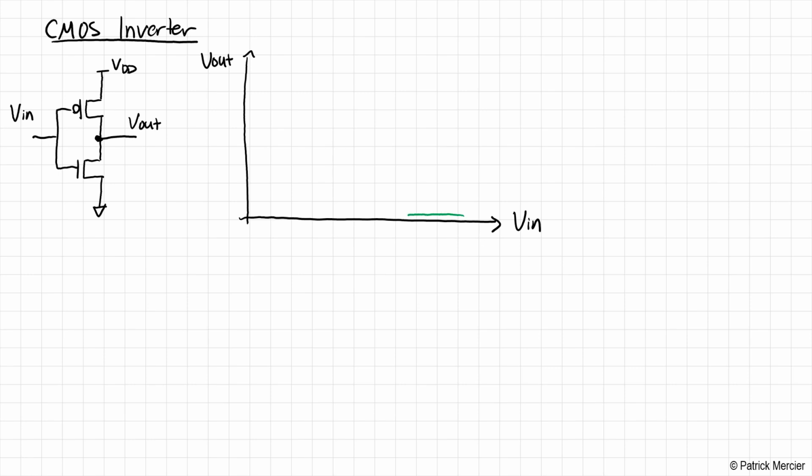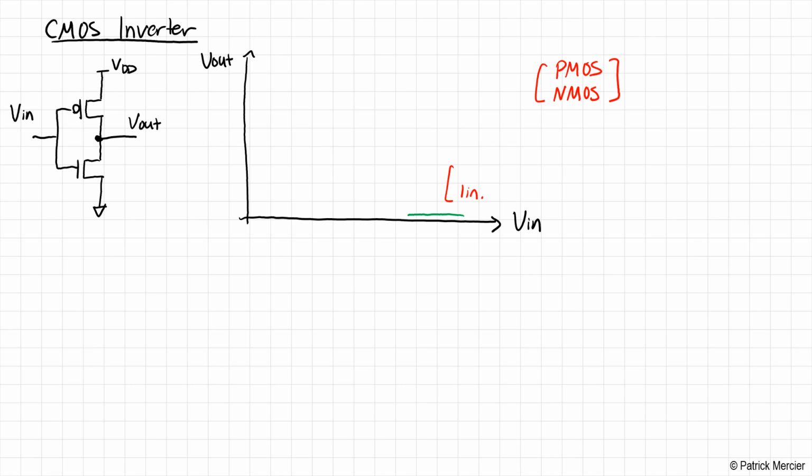Now what I'm going to do is add a little legend here. The legend will be PMOS mode of operation and NMOS mode of operation. So we just finished discussing that the NMOS transistor is going to be in the linear regime when Vin is large. Now what about the PMOS transistor?